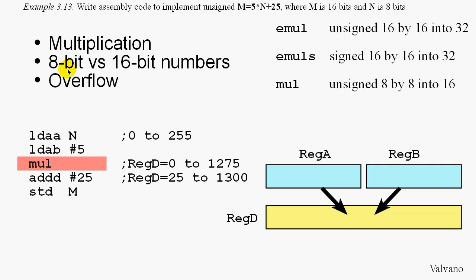Precision is the size or the number of bits. It specifies the range of the numbers. An 8-bit number here in register A can take on the values of 0 to 255. Whereas, after the multiplication, register D is 16 bits and it can take on a value from 0 to 65,535. When designing software, we have to worry about overflow.